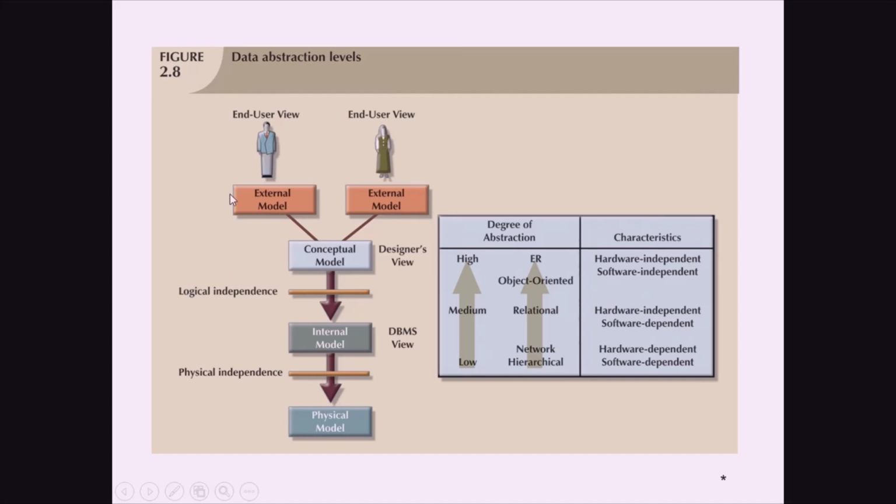So we make sure that the conceptual model can be understood by the end user, the logical, the internal model, can be understood by the database designer, and then the physical by the programmer.